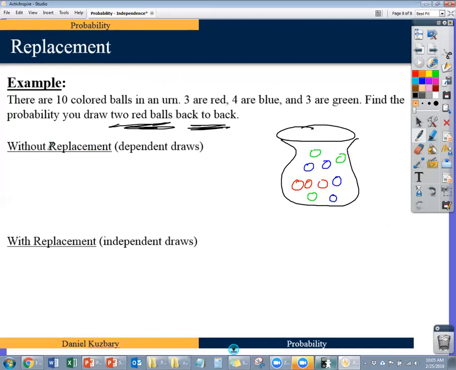I'm going to show you how to do that without replacement first, and then with replacement. And I want you to see how, when I do it without replacement, the draws are dependent.